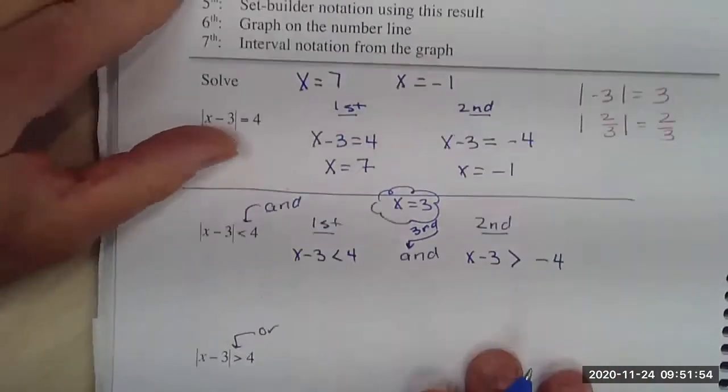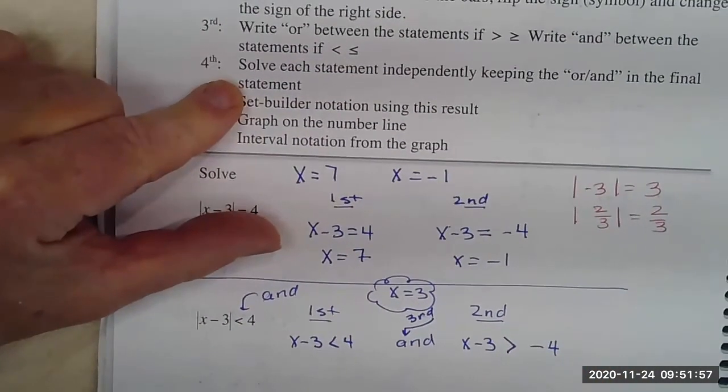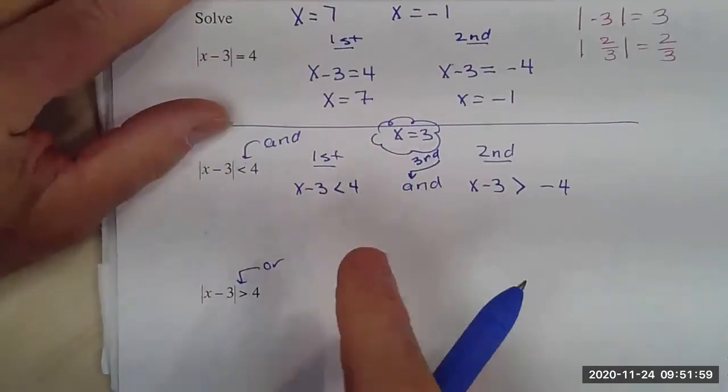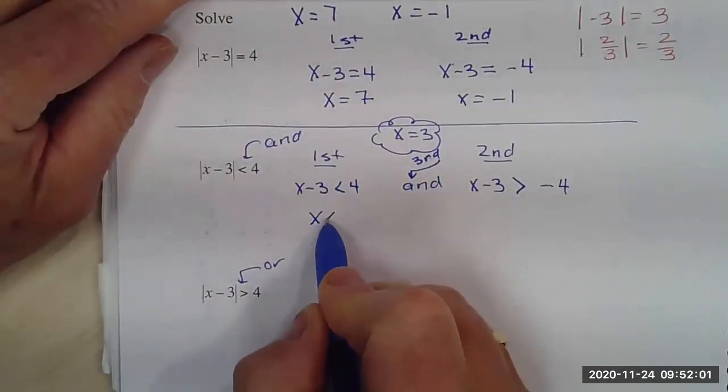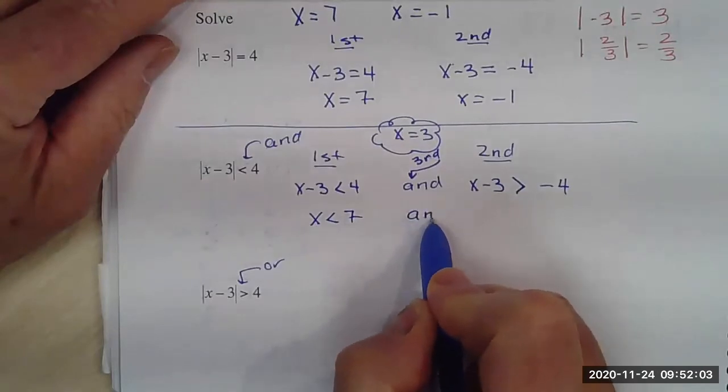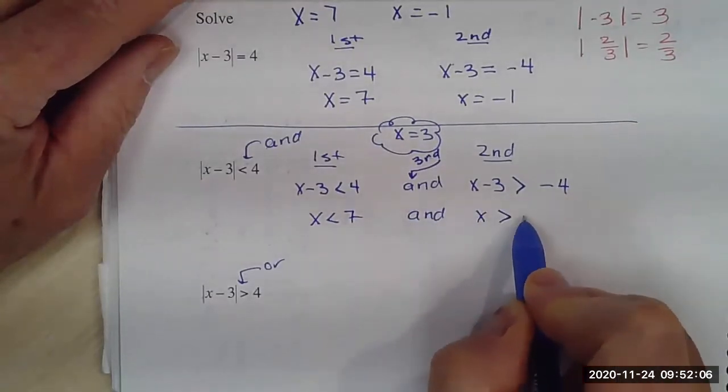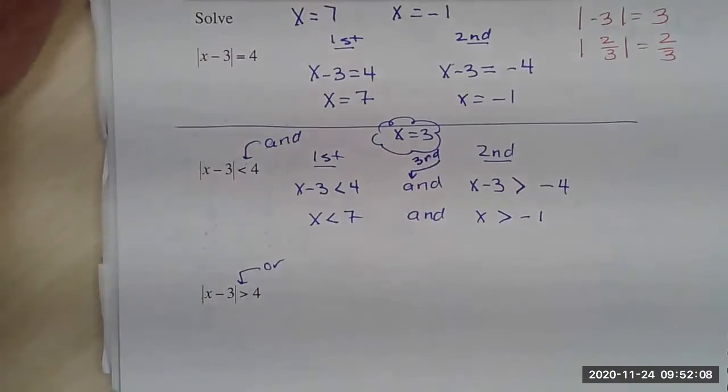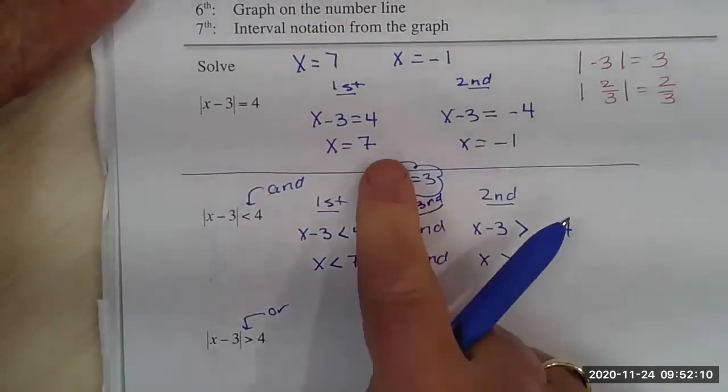Now, step number 4, solve them independently. So solve this independently. You've got x is less than 7 and x is bigger than -1. Okay, I see that, Jeff. Kind of looks like this stuff up here.